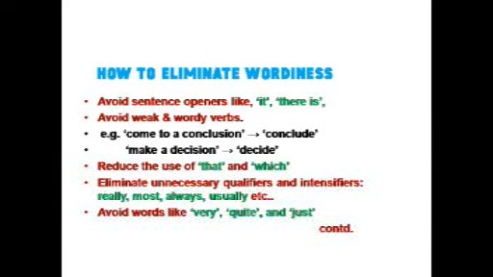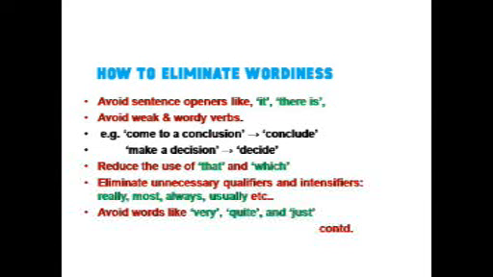We can easily replace that with conclude. Make a decision, decide. Next, reduce the use of that and which. In some clauses or sentences we use that or which, especially when there is a subordinate clause or dependent clause, but in most of the places we can easily avoid that.